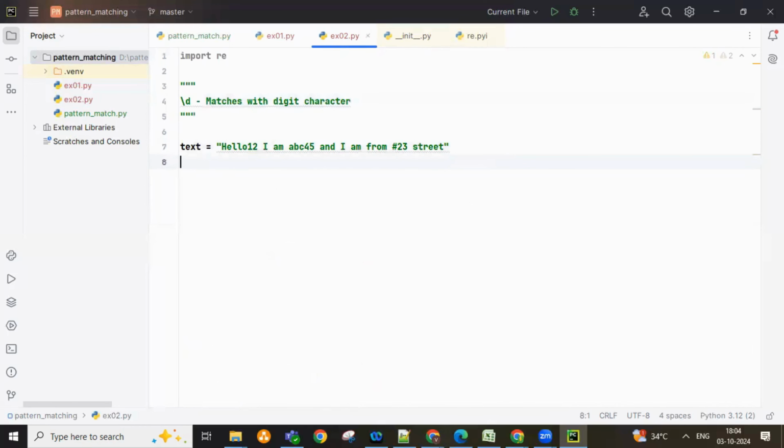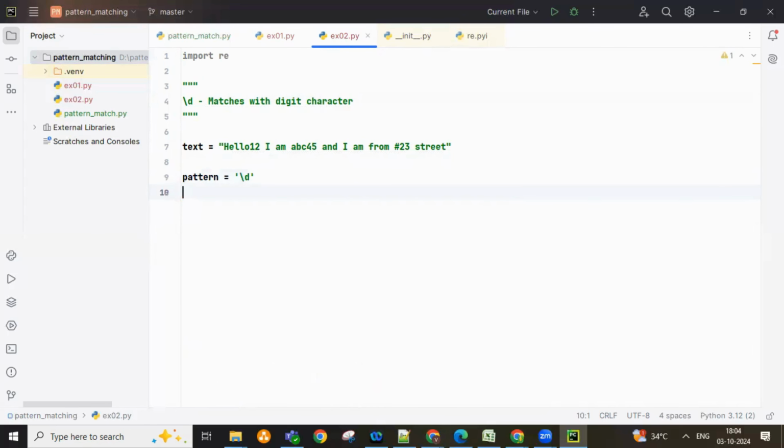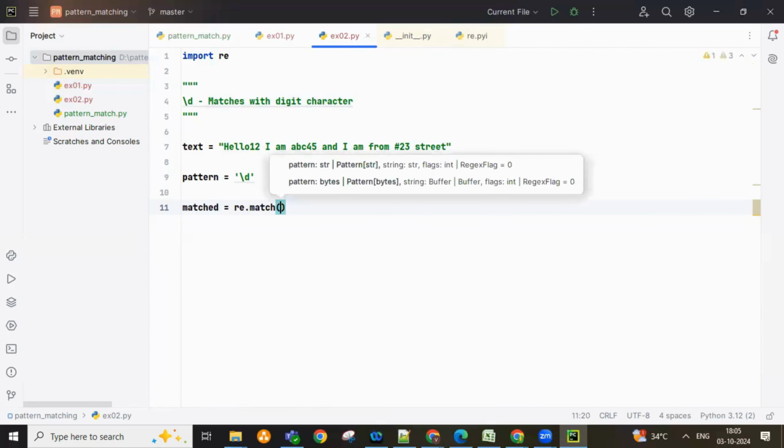So for example, let's say pattern equal to slash d. Now if I do this, match equal to re dot match.